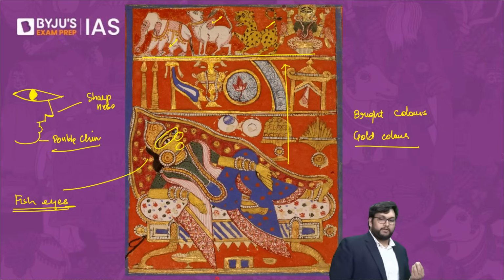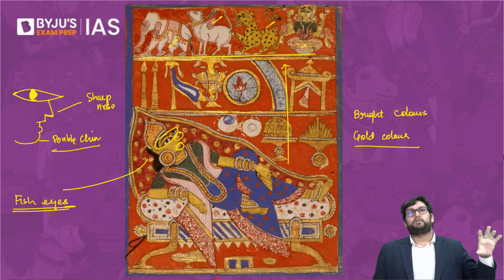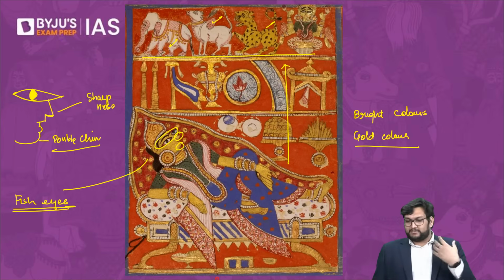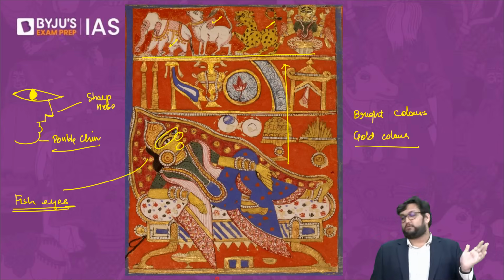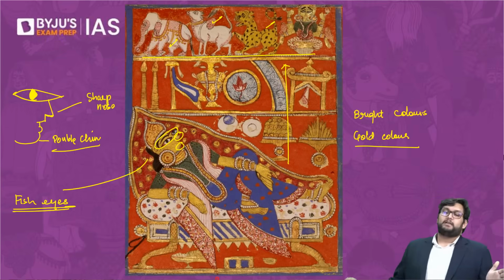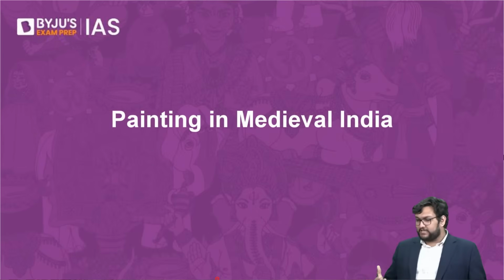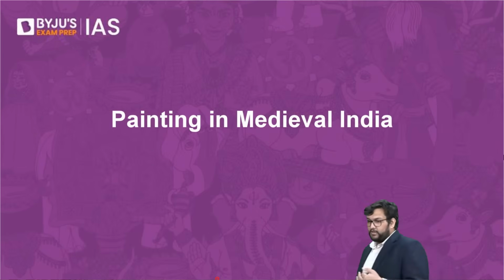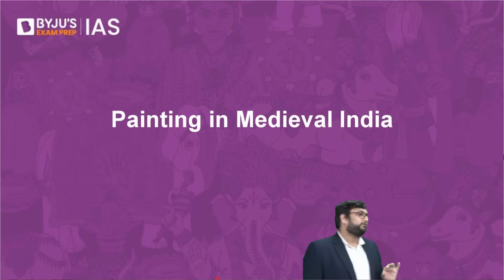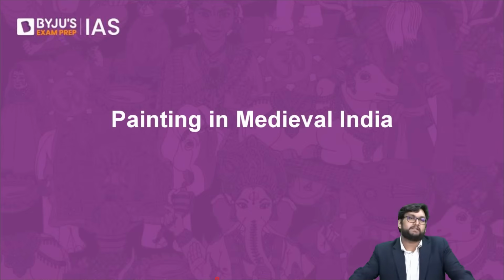The simple point is standards of aesthetics and beauty change over a period of time. That is what I'm trying to show you also: from Ajanta till Apabhramsa, it is not a static development. It keeps on changing and evolving. Now, no question has come from this area till this point. I don't expect any; Apabhramsa is 11th to 15th century, contemporary to the medieval period.